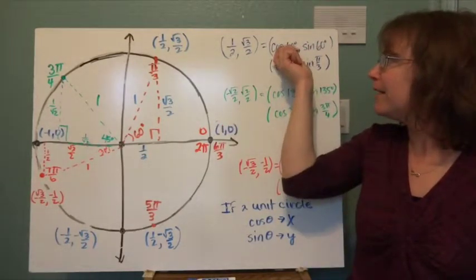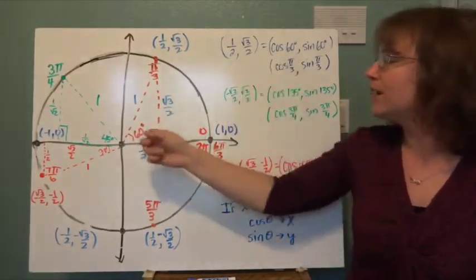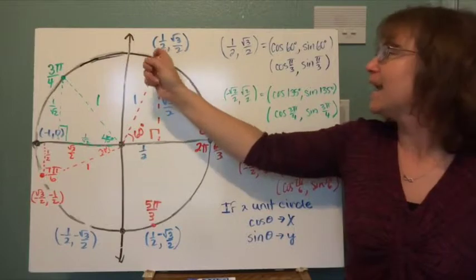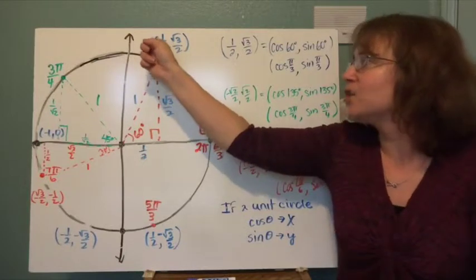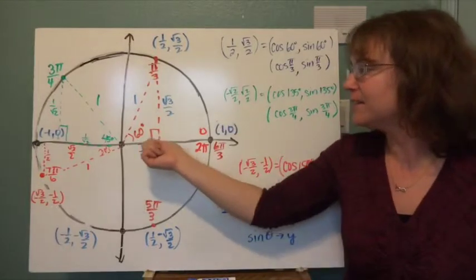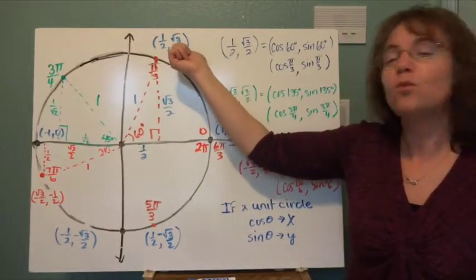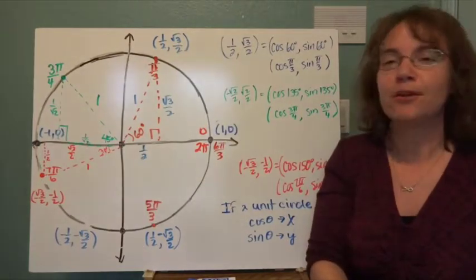So when I want to find cosine of 60 degrees, all I have to do is go over here to 60 degrees and find the x coordinate, which is 1/2. And if I want the sine of 60 degrees, I go over here to where 60 degrees is, and I find the y coordinate, rad 3 over 2.